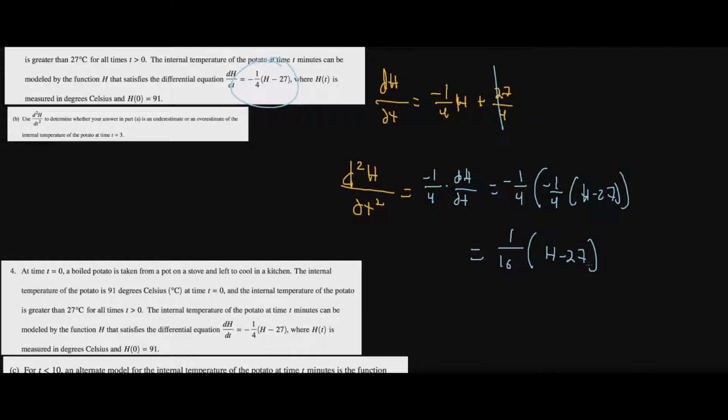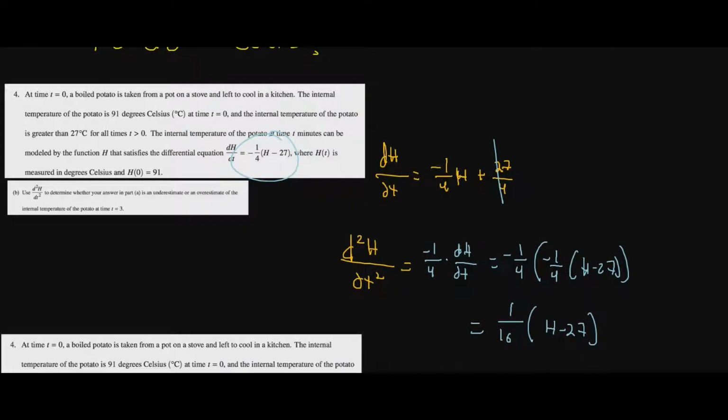Well. What do we do here? What numbers can we plug in for H? That's what I'm interested in, because right now our second derivative tells us whether we're concave up or concave down.